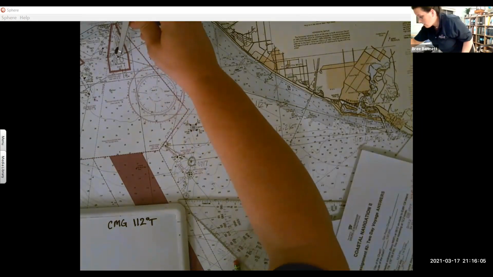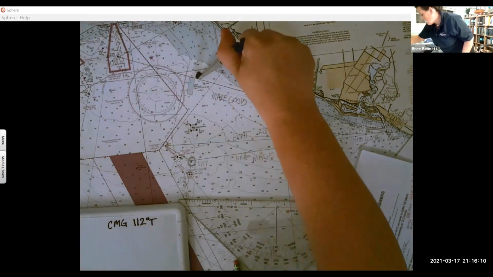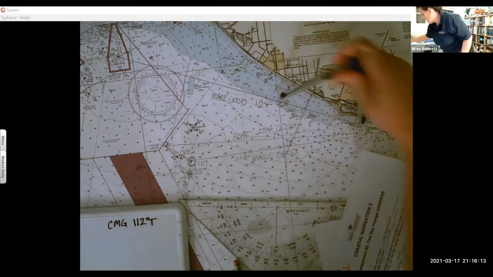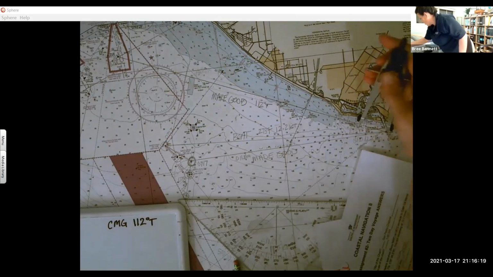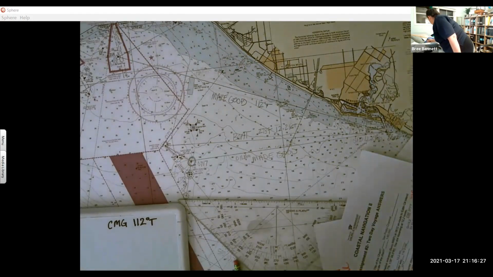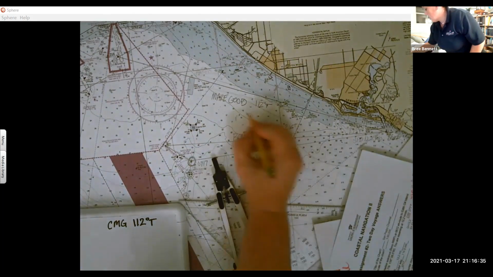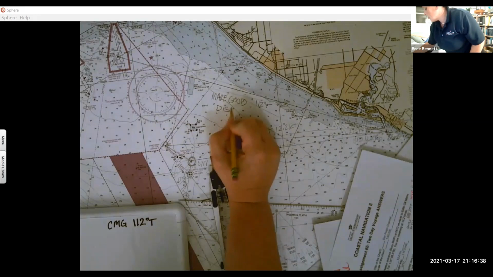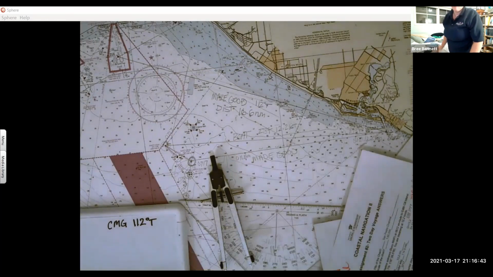The distance, I have 5, 10, 15, 16.6. I have a distance of 16.6 nautical miles.